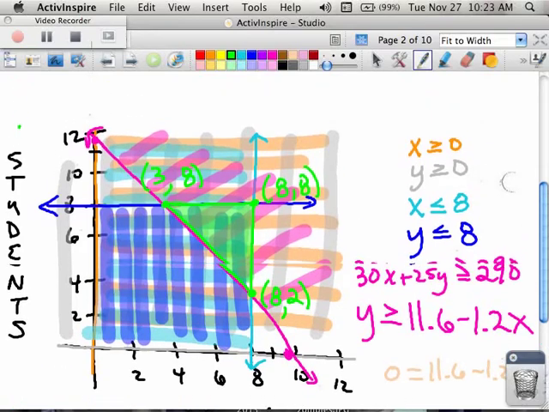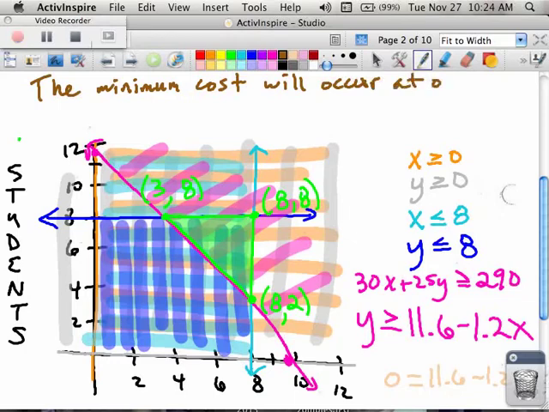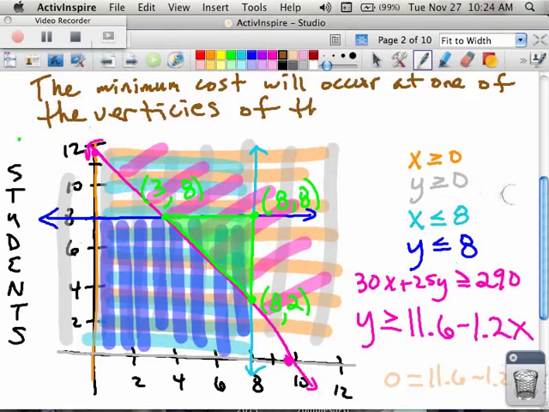I will write that at the top: the minimum cost will occur at one of the vertices of the feasible region.